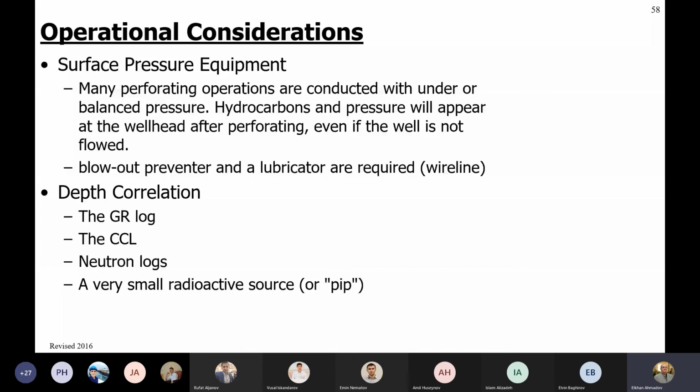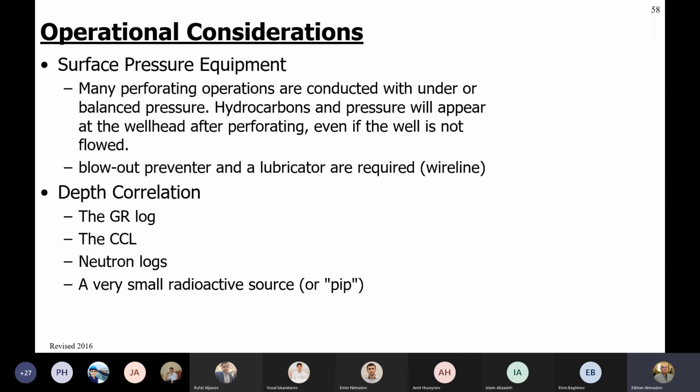Therefore we have to make sure that the blowout preventers and any other equipment, such as the lubricator if required when we are doing the perforations with wireline, are installed properly and at correct pressure ratings.